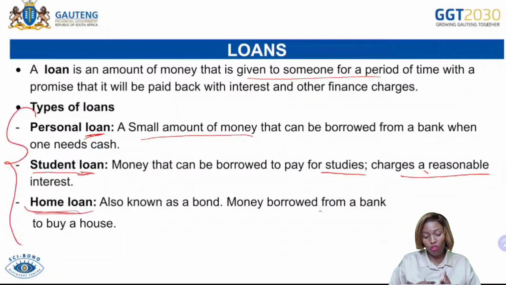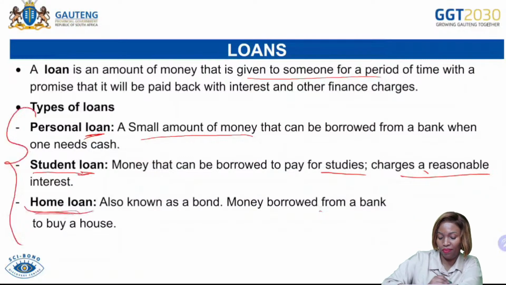So if you have an option, should you ever find yourself in a position whereby you need to take a loan, if possible, always opt for the shortest period. Yes, the installment will be higher, but at the end of the day, you will be able to beat the interest rate.